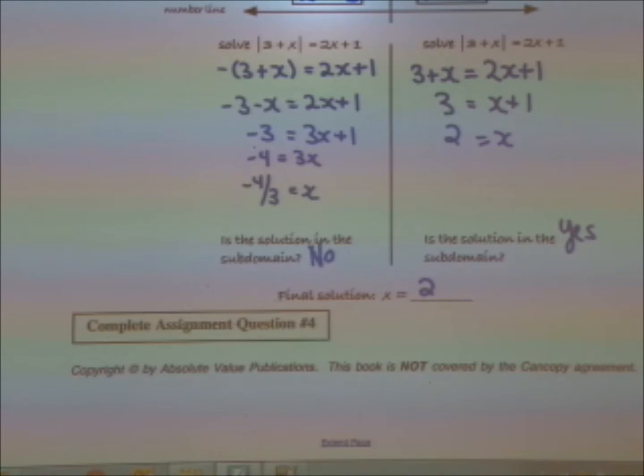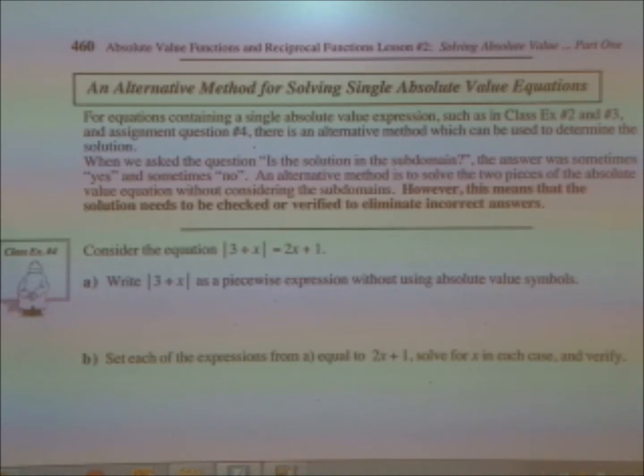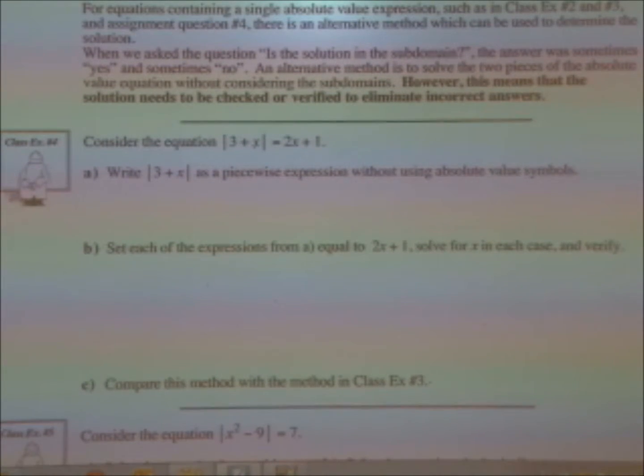I'm going to show you another way that you can solve them, still kind of using the idea of subdomains with the piecewise. When we ask the question, is the solution in the subdomain, the answer is sometimes yes and sometimes no. An alternative method is to solve the two pieces of the absolute value equation without considering the domains, which means you have to check your solutions, you have to verify them.